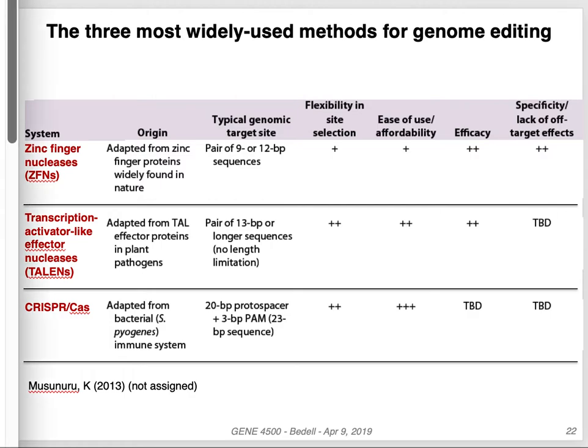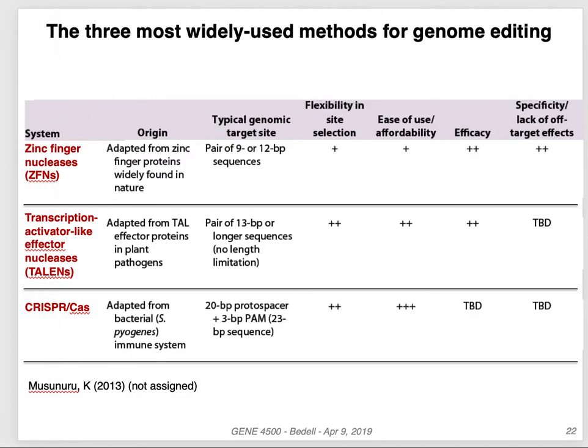This just gives you some more ideas about the different targeting systems that can be used. This shows you more diagrams of the zinc finger nucleases and the TALENs. In both cases, the actual nuclease activity, the digestion of DNA, is by a restriction enzyme.